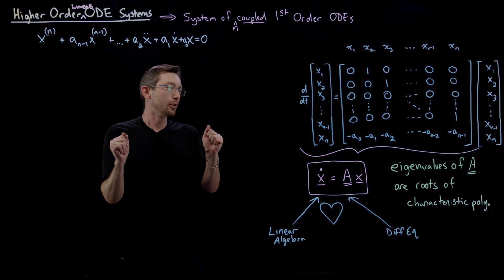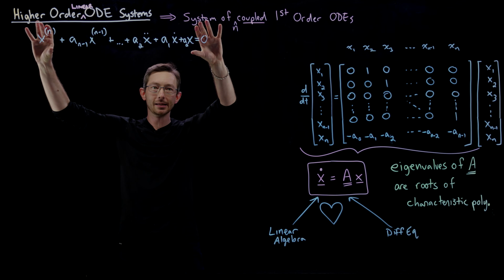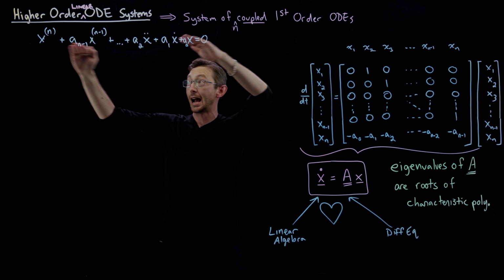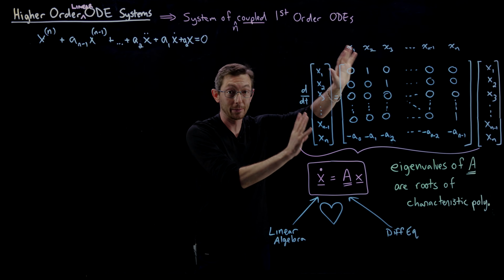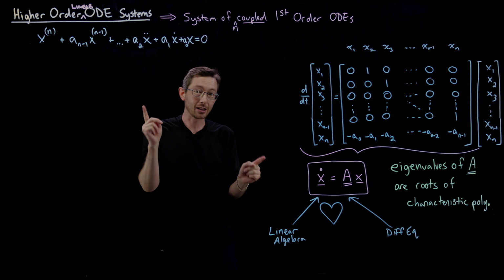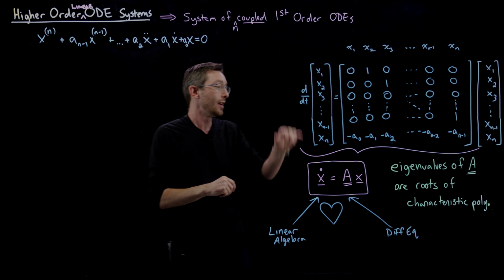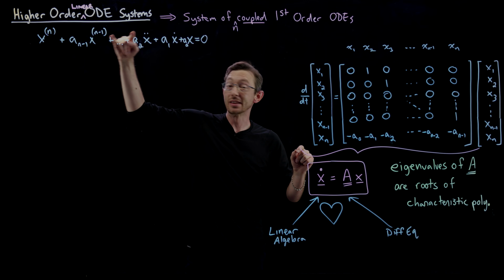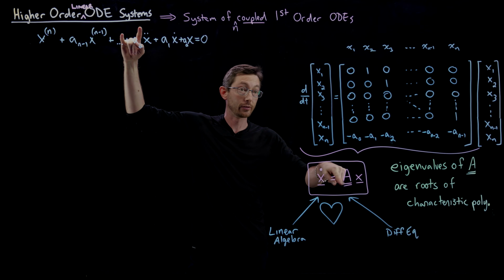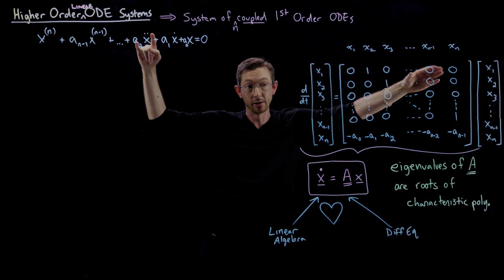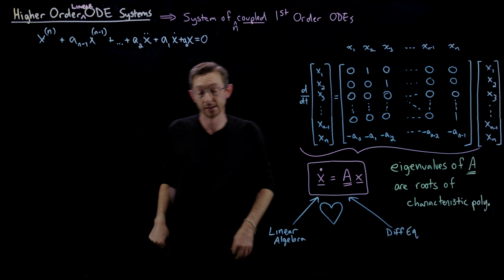So we have shown how you take this high order ODE and turn it into a system of first order ODEs. And I claim that the characteristic polynomial of this equation is the same as the eigenvalue equation for this big A matrix that relates all of these states.